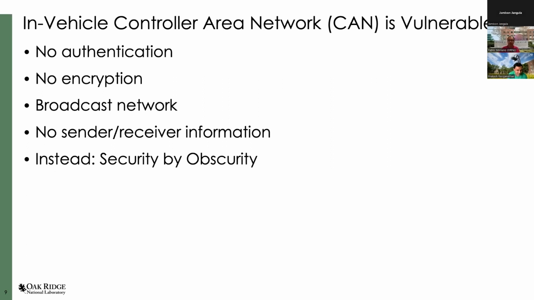And from the point of view of manufacturers of these vehicles, passenger or heavy duty, the notion of security has mostly translated to the concept of security through obscurity, where what they want is basically to obscure some of the information as a way to protect the privacy and in some cases the security of these devices, right? So this is a 30,000 feet overview of what CAN is and what has been done.